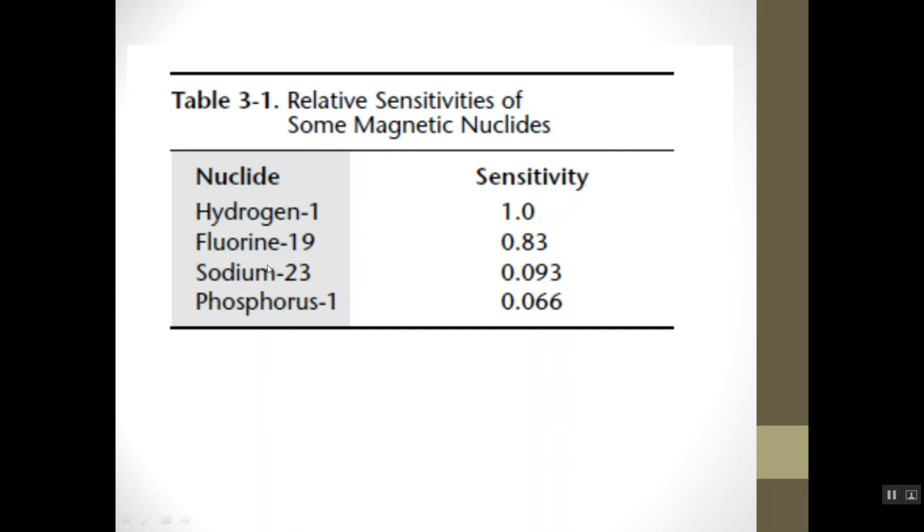Okay, so imaging in magnetic resonance imaging depends on the protons inside the hydrogen atom. Why? Because the protons inside the hydrogen atom are highly sensitive to magnetic fields. Why do we need the protons to be highly sensitive to the magnetic field?